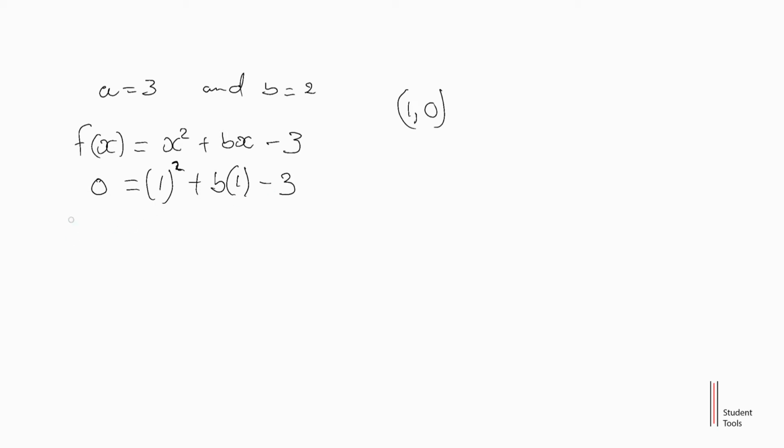And then let us sort this out. We have 0 equal to 1 plus b multiplied by 1, that is still b, minus 3. And this is still 0 equal to 1 minus 3, that is negative 2 plus b.